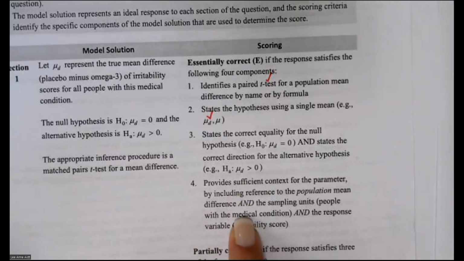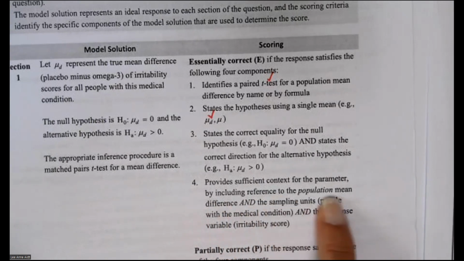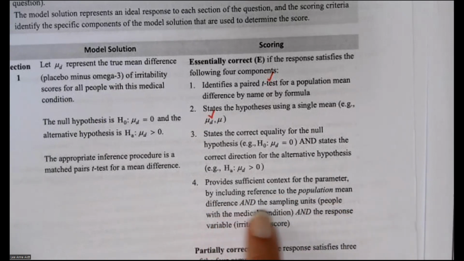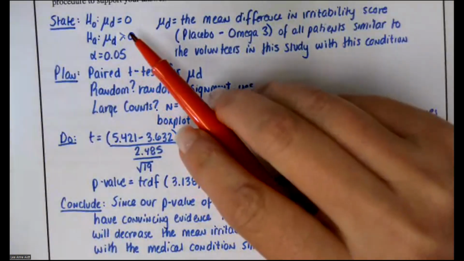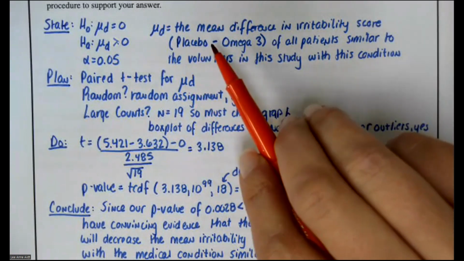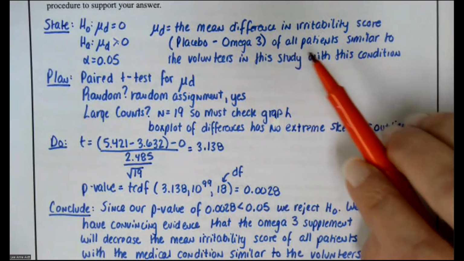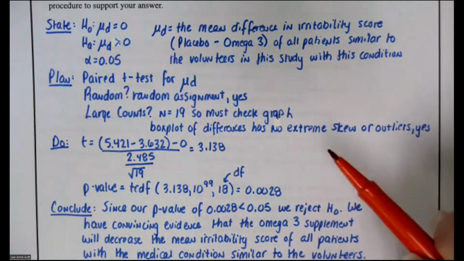Okay, and provides sufficient context for the parameter by including reference to the population mean difference and the sampling units, people with medical condition, and the response variable, irritability score. So I said mu d equals the mean difference in irritability score, placebo minus omega-3, of all patients similar to the volunteers in this study with this condition.